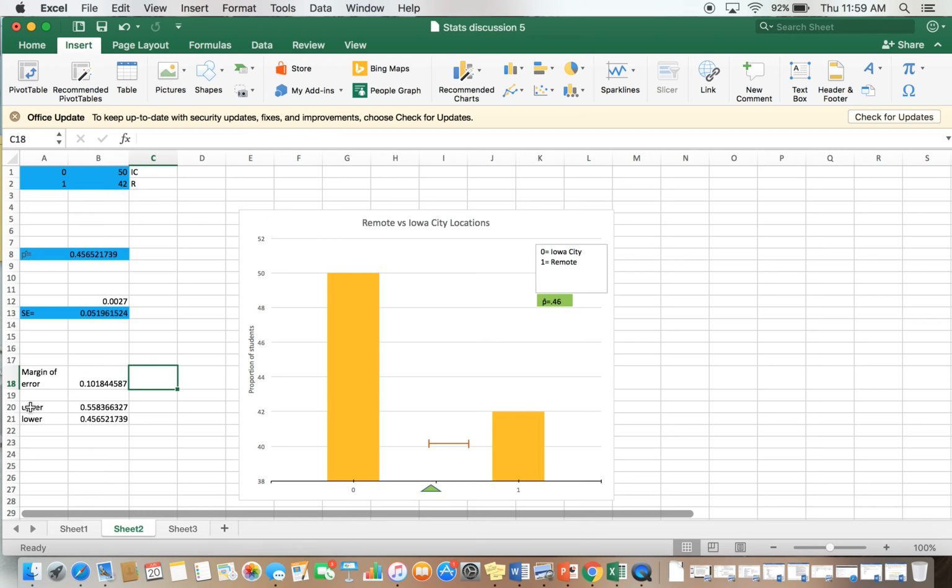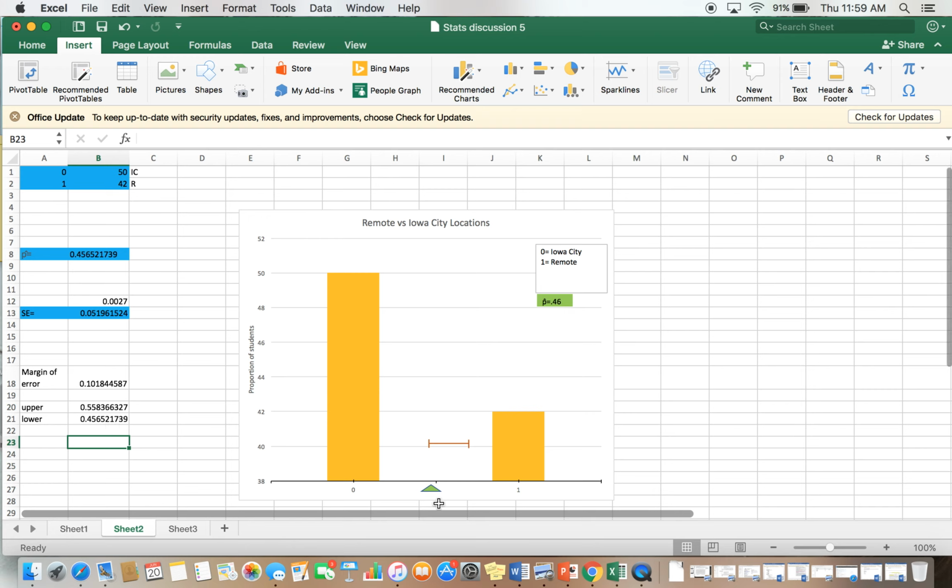Then to find the upper limit, I did the same thing. I took my p plus 1.96 times the standard deviation, and for the lower value, I did the same thing, only minus that. Those gave us our upper and lower limits of about 0.56 and 0.46.